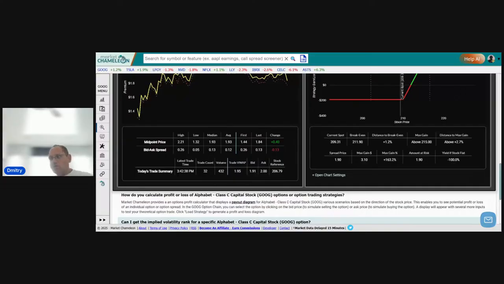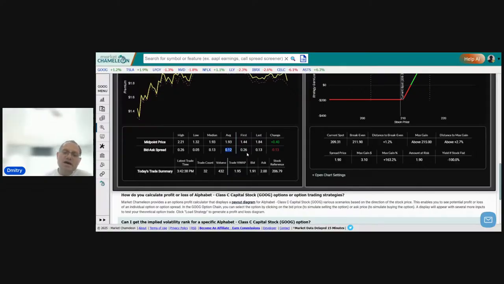The wider they are, that means the less liquid, and the costlier it could be to get a trade execution. So it's been as wide as 26 cents on the high end, the low 5 cents, the median 13 cents, average 12 cents. So we get a sense of how wide the spread is between the bid and offer.